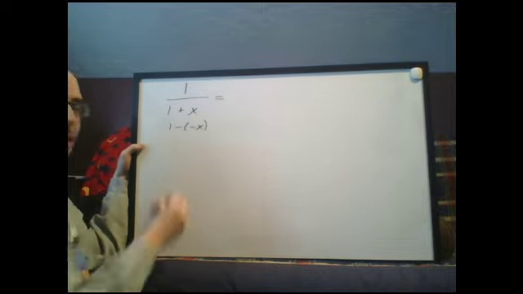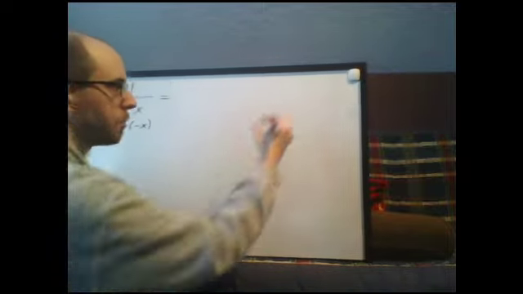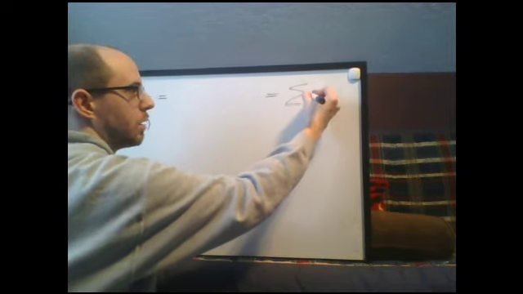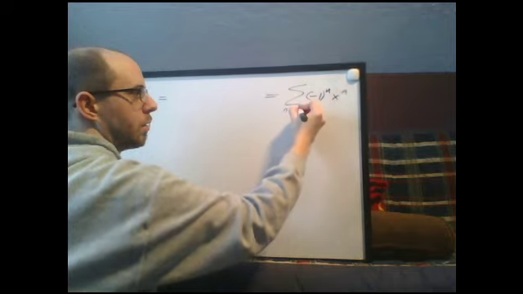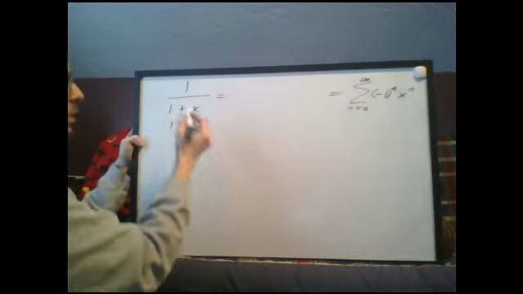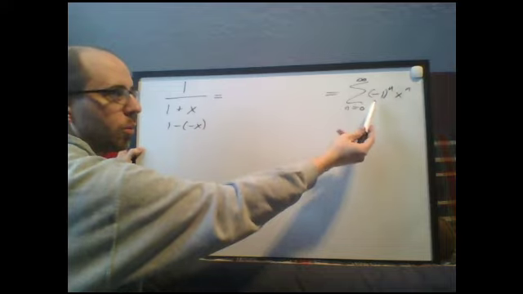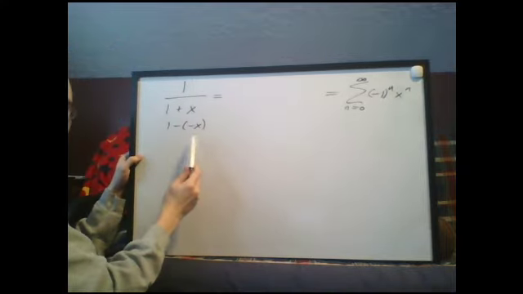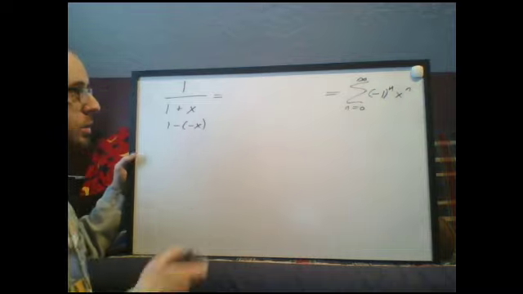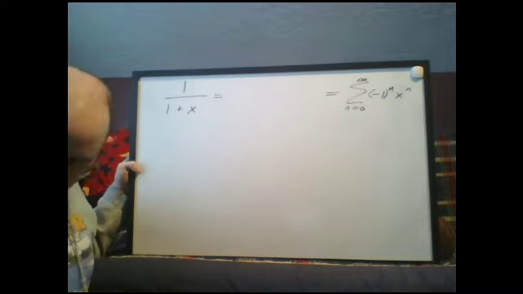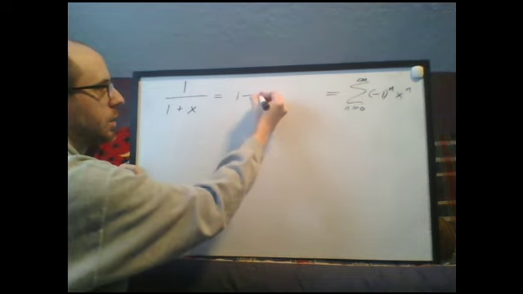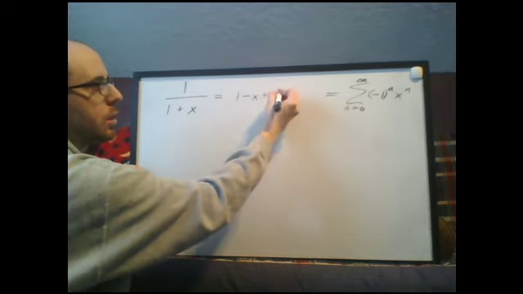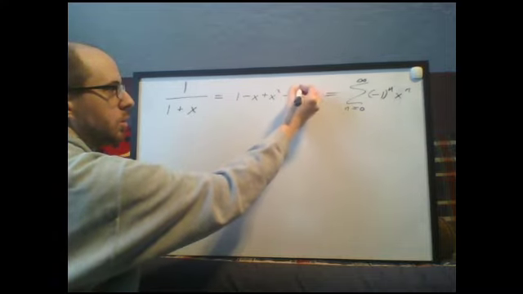Now that's the same thing as 1 minus negative x. So I'm just plugging in negative x into my other power series. So this would have power series negative 1 to the n times x to the n. If I plug in negative x into my standard power series, that's what I get. Now if I write this out, I would get 1 minus x plus x squared minus x cubed, and so on.